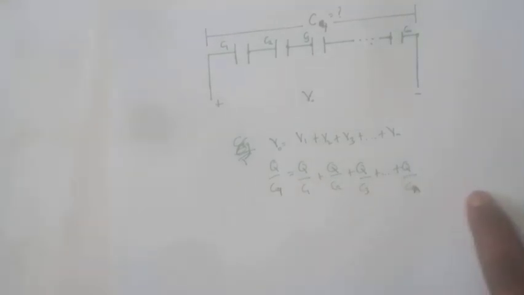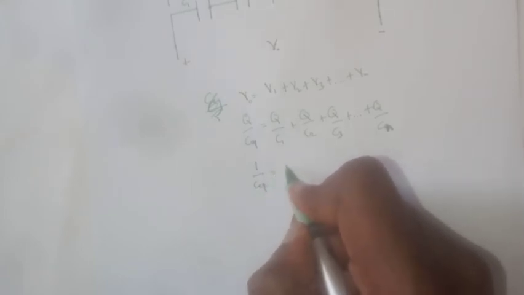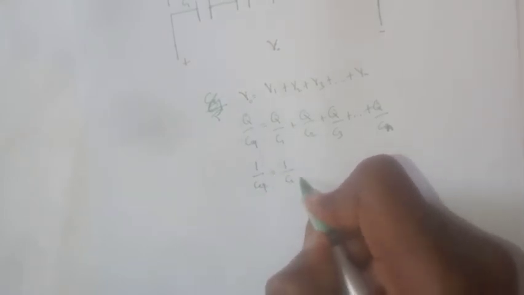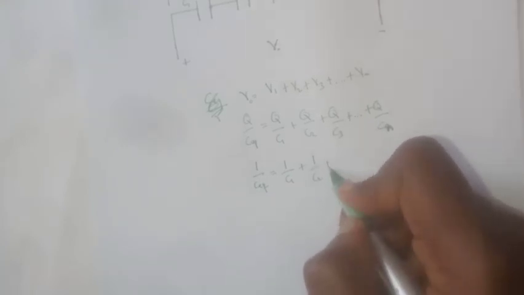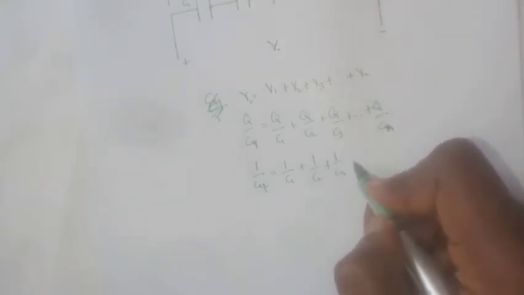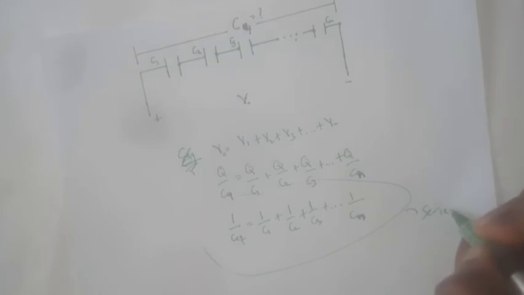Then we can divide through by Q. Then we know that the equivalent capacitance for capacitors connected in series is this, and this is the equivalent capacitance for capacitors in series.